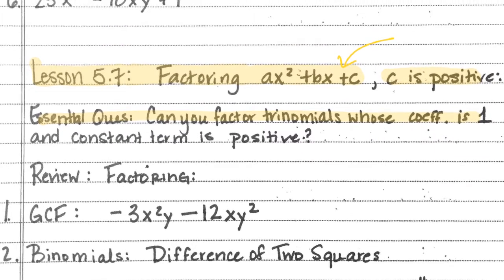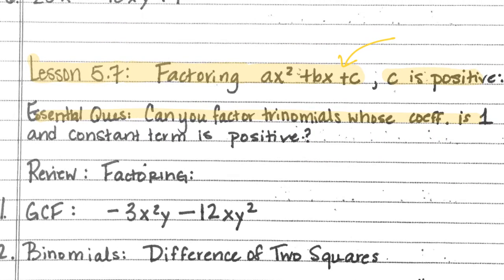So hopefully you remember what a coefficient is. They're saying that this number, instead of being a number, is just 1. Now, we would never write 1, we would never show 1, but the number's 1 because it's not there. And it continues to say, and constant term is positive, meaning this c term right here is positive.